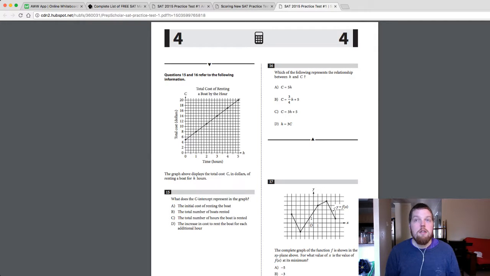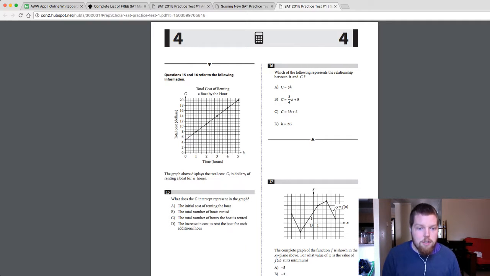And to me, that means that you're going to have to pay $5 just to get the boat. And then for the first hour, you'll go from $5 to $8. And then from hour 1 to hour 2, you go from $8 to $11. So it's going to be $3 an hour after you pay the $5 to get the boat.